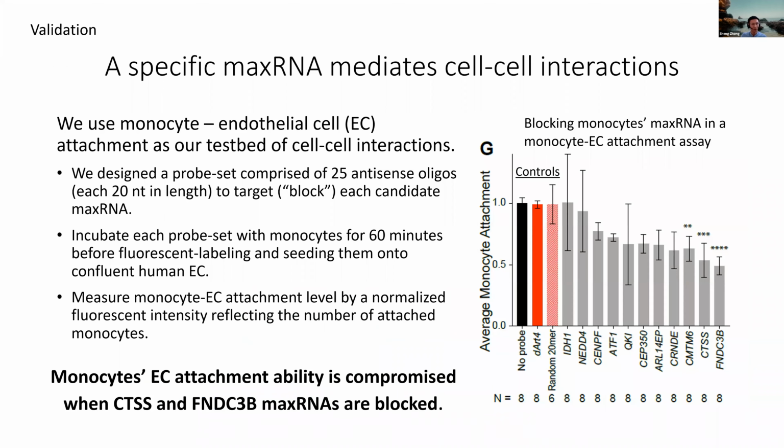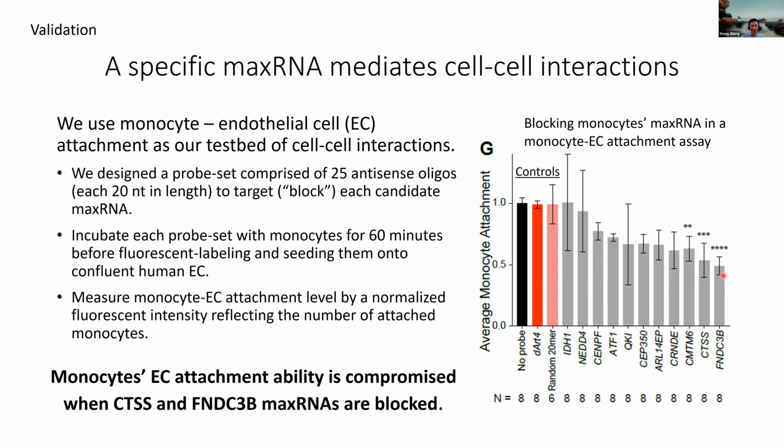What we do is incubate the monocytes with antisense probes of every candidate cell surface RNA. We designed antisense probes against every one of the 11 putative surface RNAs, and we incubate such antisense probes with monocytes for a very short amount of time, only one hour.